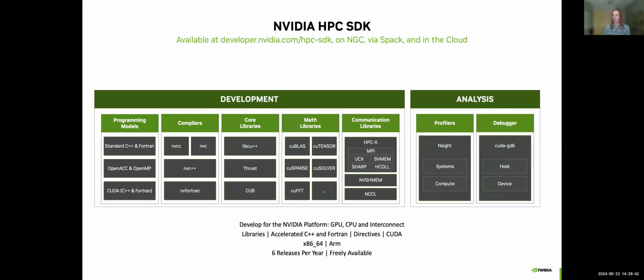The easiest way to get started with this in HPC is the NVIDIA HPC SDK. HPC SDK connects all of the compilers, libraries, communication libraries, profilers, debuggers, everything you might need as an HPC developer. And the fun thing about this is that it is the same on x86 and ARM.